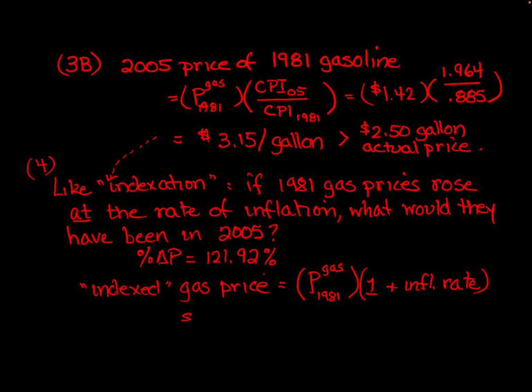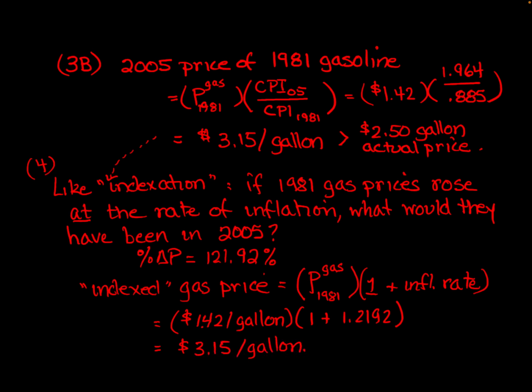And so that would be $1.42 per gallon times 1 plus 1.2192. And if you multiply that out, you should get $3.15 per gallon. So these are all just different ways of doing the same calculation.